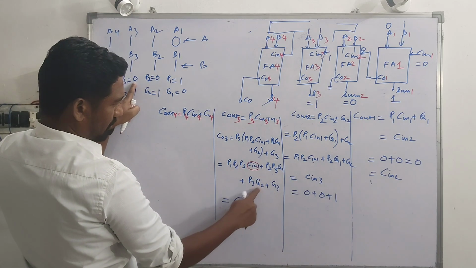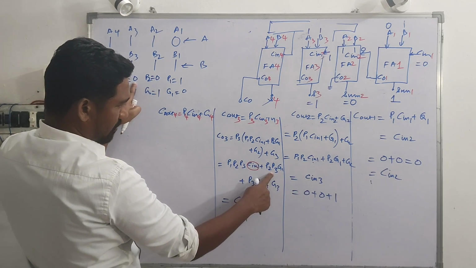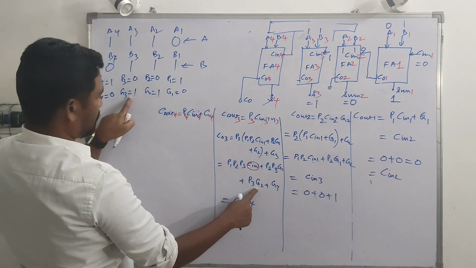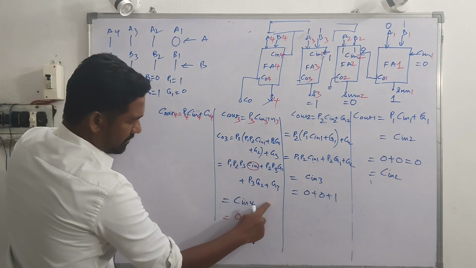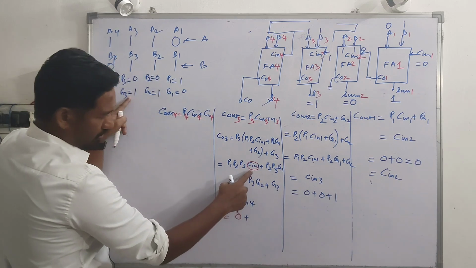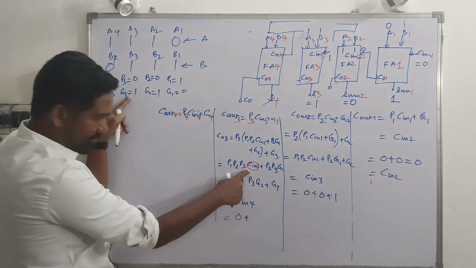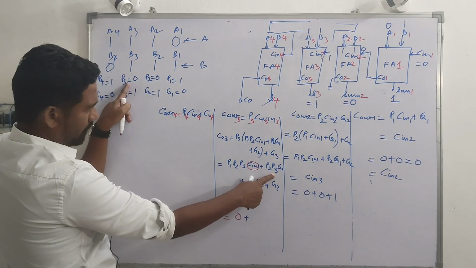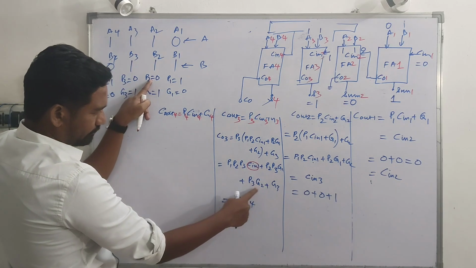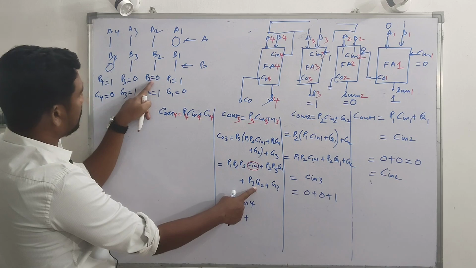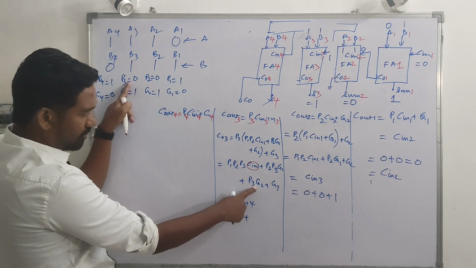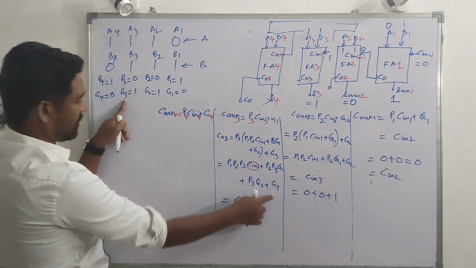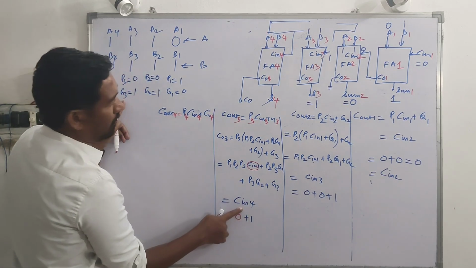P3 is appearing again over here, so this will be 0, whereas G3 is a 1. See, this will be 0 because C in is 0. This will be 0 because P3 is 0. I am not checking for P2, even P2 is 0. Even this will be 0 because P3 is also 0. G3 is 1 over here, which is C in 4.